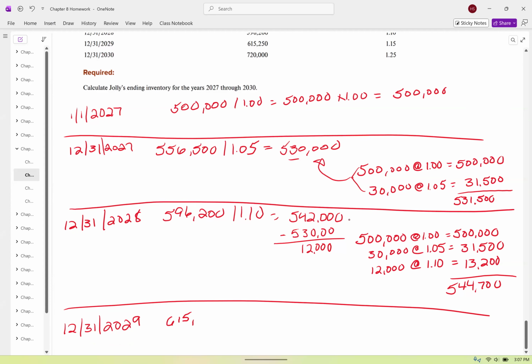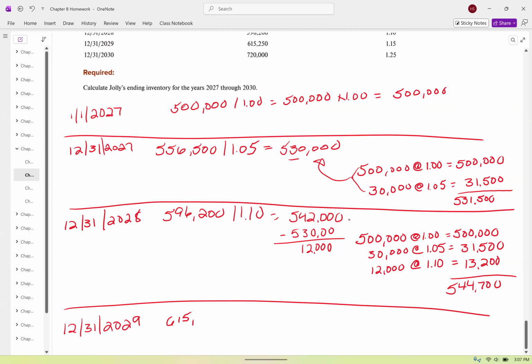Notice that this number is now less than it was in the previous year. We're eroding a little bit of that last layer, and there will be no layer created for 1.15 because we're not growing a layer there.